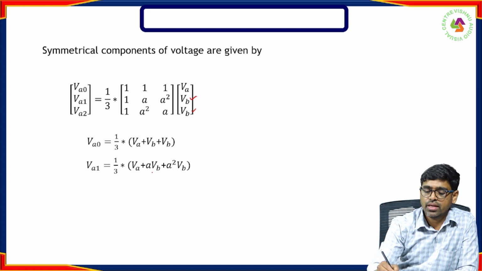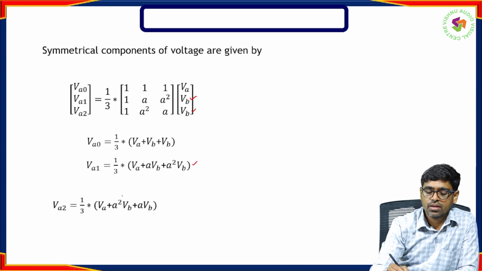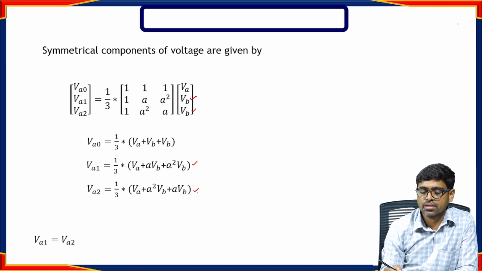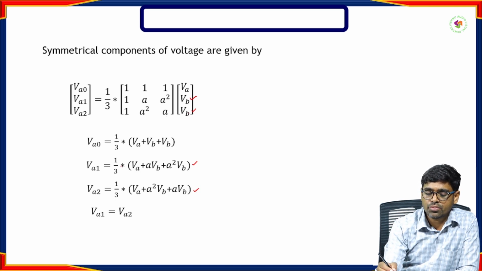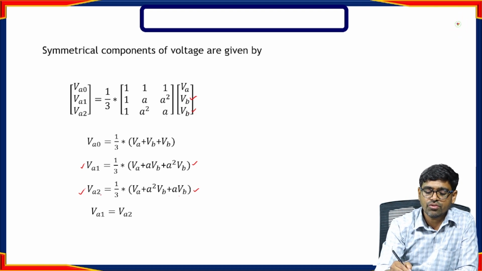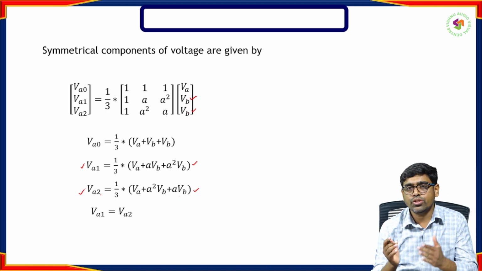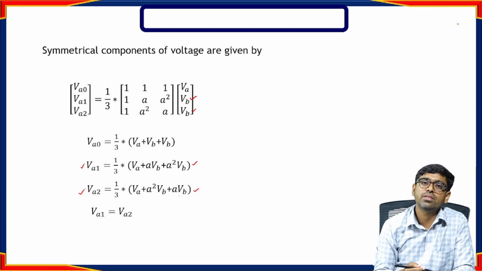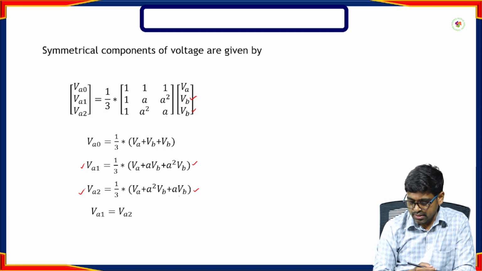Similarly VA1 equals 1 by 3 into VA plus A VB plus A square VB, and VA2, the negative sequence, is 1 by 3 into VA plus A square VB plus A VB. Finally we can observe VA1 equal to VA2. Positive sequence and negative sequence voltages are equal, which means the positive and negative sequence networks are connected in parallel.